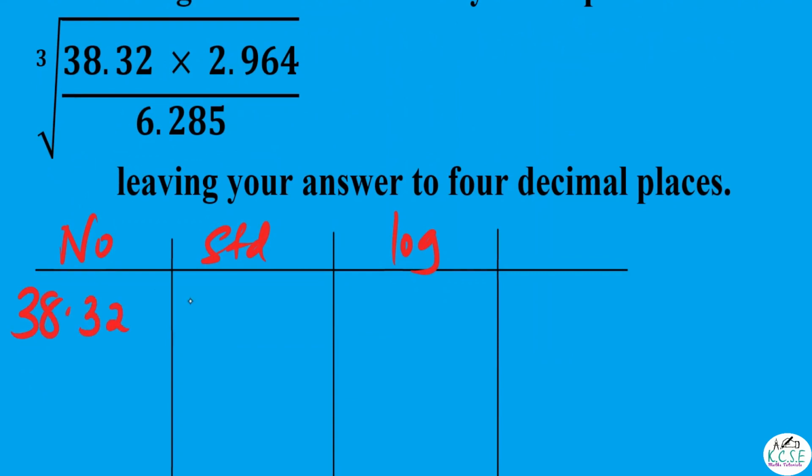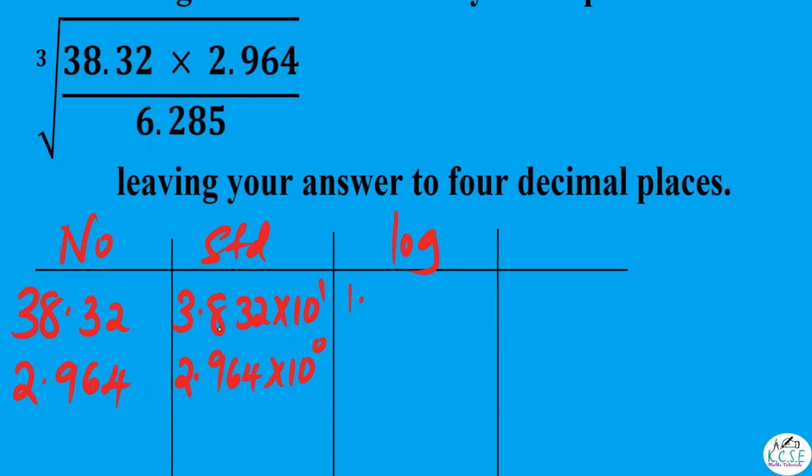Writing the number in standard form is 3.832 multiplied by 10 raised to power 1. The second number we're multiplying with is 2.964. This one in standard form will be 2.964 times 10 raised to power 0. Now let's go to the logs. The log of 10 raised to power 1 is 1.